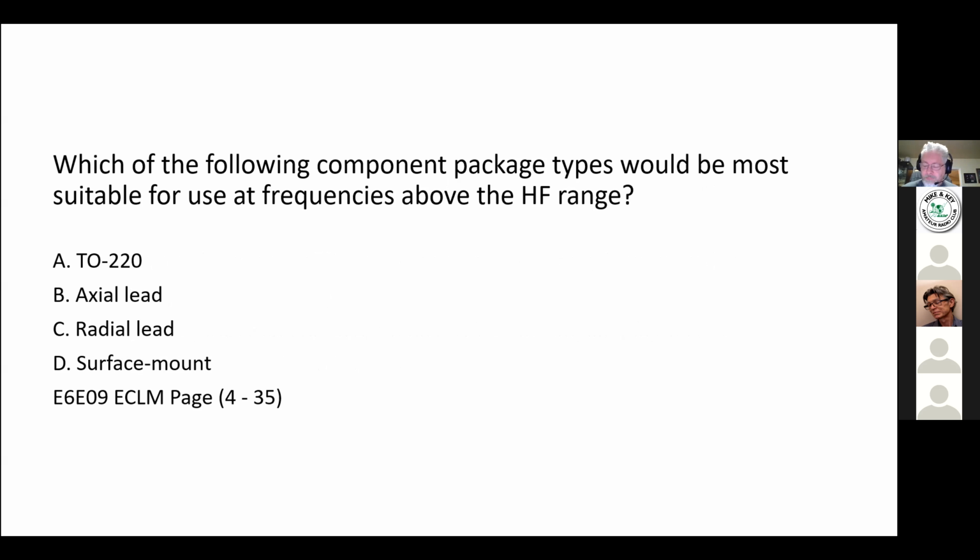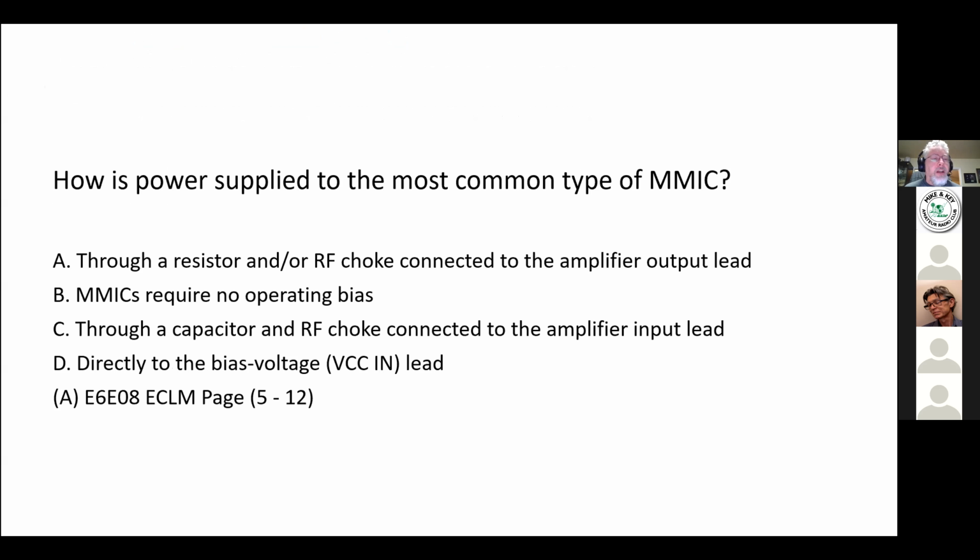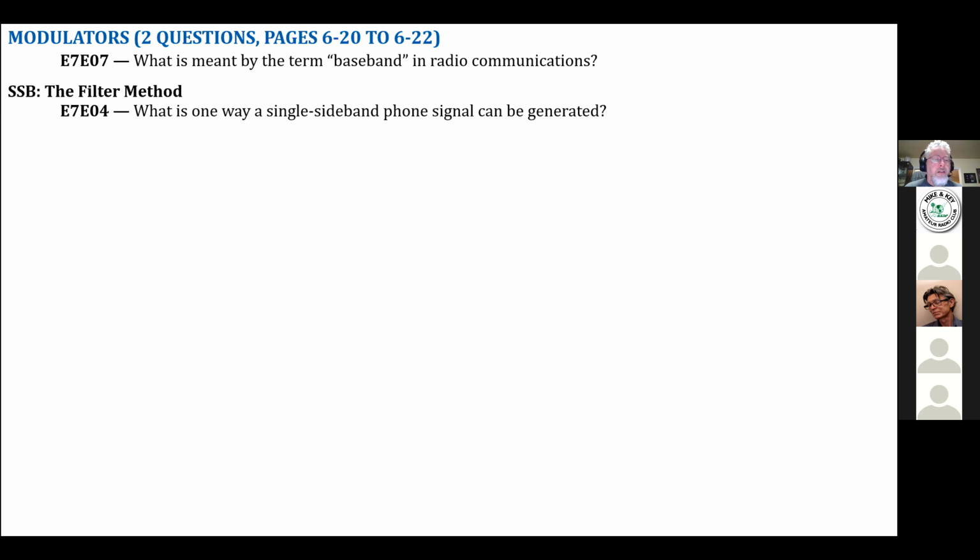Go back here real quick. Mixer section, cut and paste the wrong one. Should be 7, not 6. Okay, sorry about that. I hope I didn't do that through this section here.